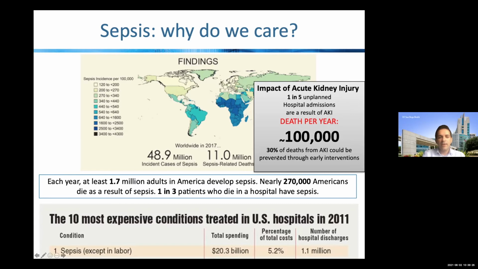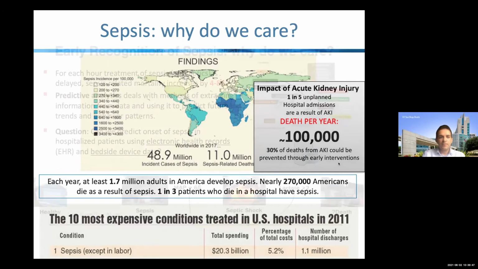In the case of AKI, we have 100,000 cases. A common theme here is that it's believed that if you can catch these conditions early and give patients the right medications, or in some cases withdraw the wrong medications, like the ones that are nephrotoxic, then you could actually save lives.